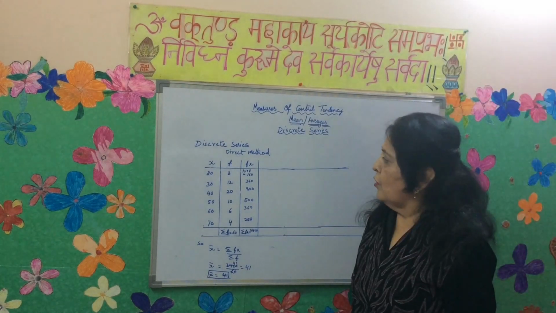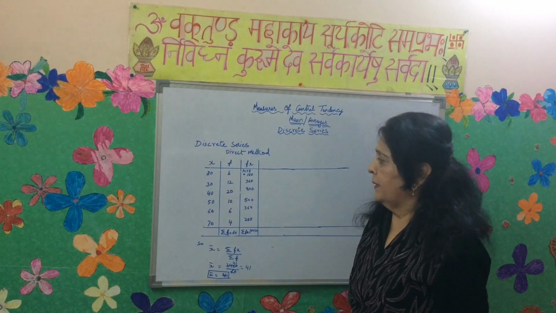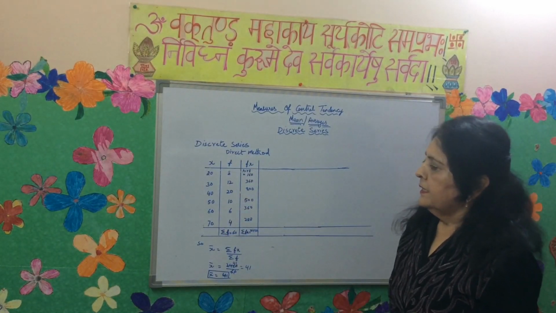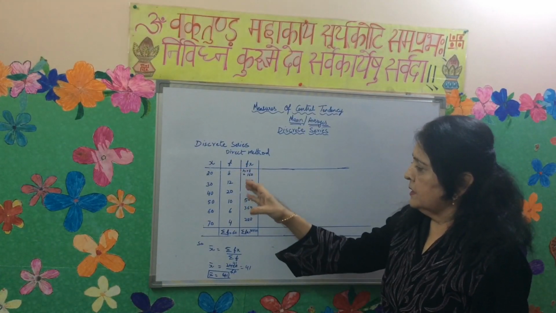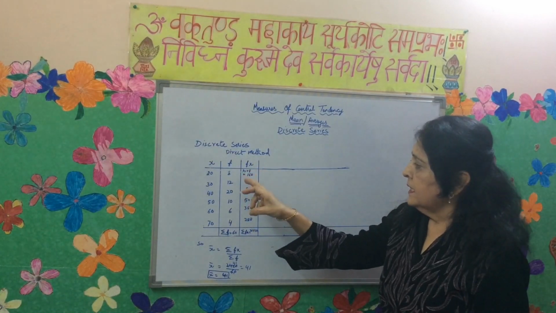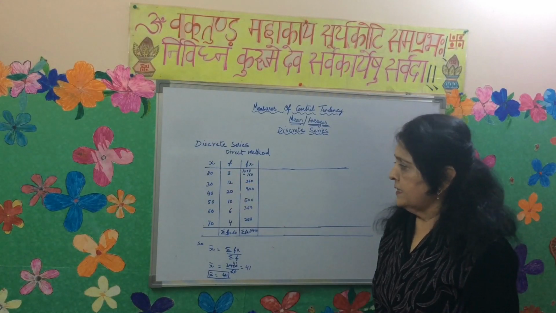We are going to solve an example of discrete series by direct method. Here we have taken these numbers in x, the frequencies are given below, and fx is f multiplied by x.